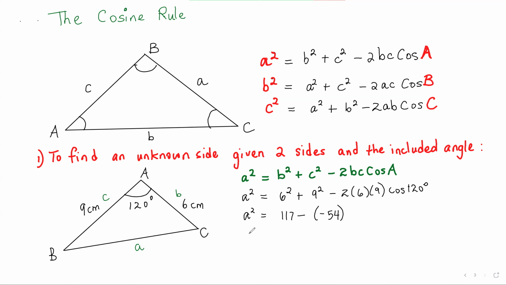So then a squared is equal to 117 plus 54, which will give you 171. If a squared is 171, a will be the square root of 171, which will give me 13.08.